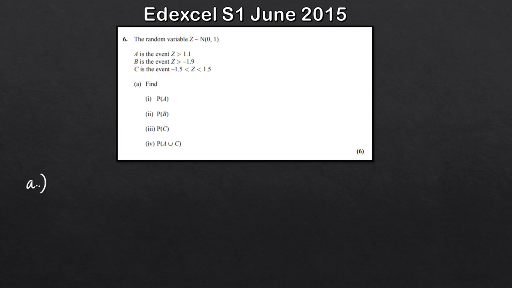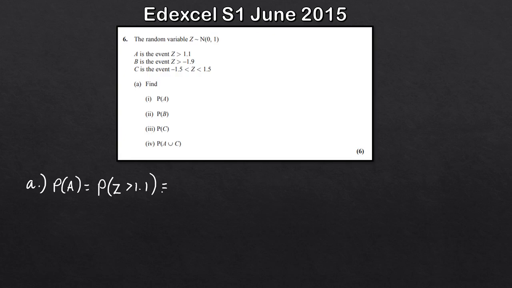Now this looks complicated, but again, we're just simply going to use our calculator here. So to find the probability of A, just by using our calculator, what we're looking for is the probability that Z is greater than 1.1. If we know A is the event that Z is greater than 1.1, we can just simply replace that. And here now, I'm going to simply use my calculator again.